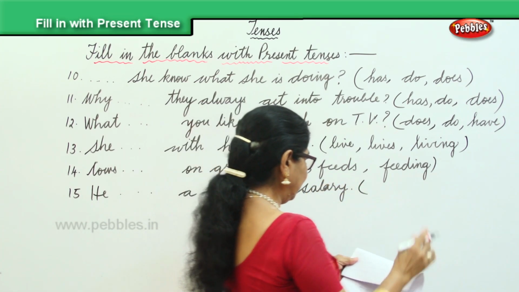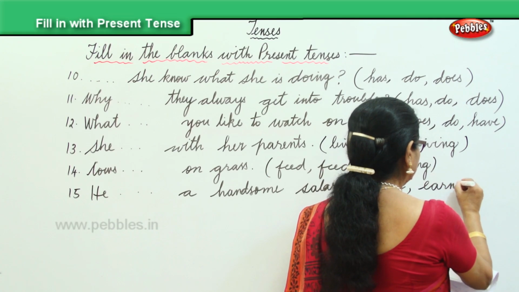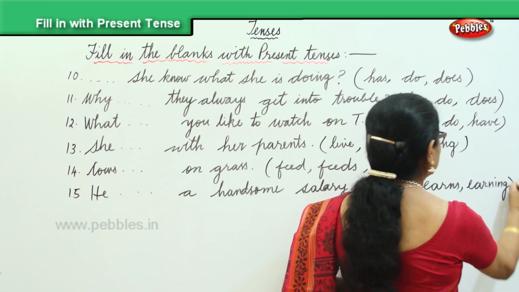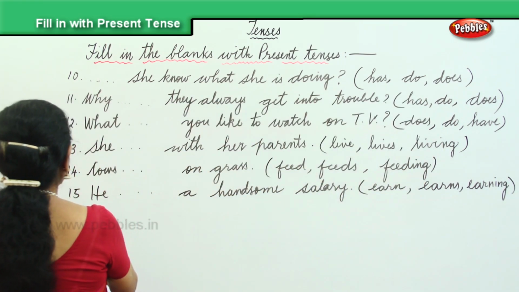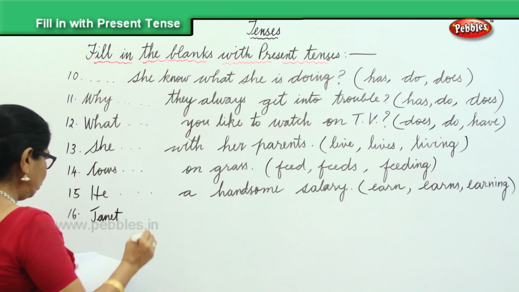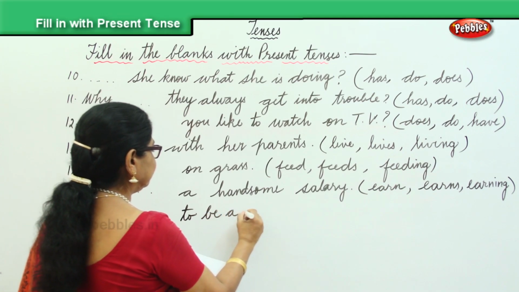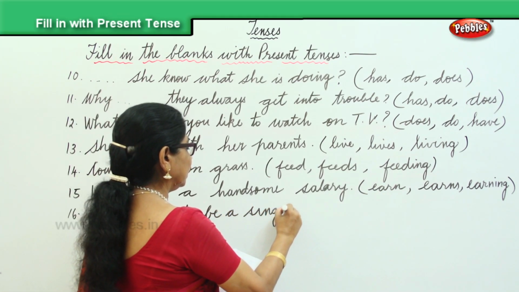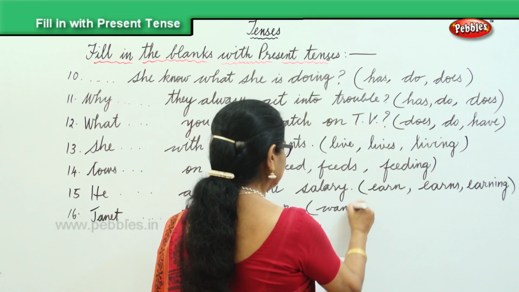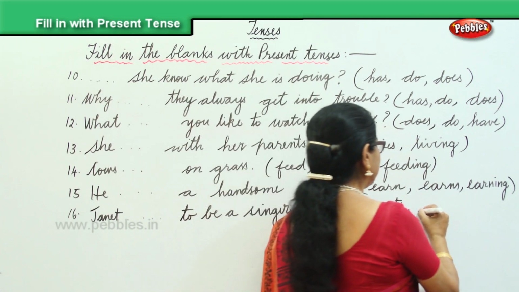And the words to choose are earn, earns and earning. Janet dash to be a singer. And we have the words want, wants and wanting.